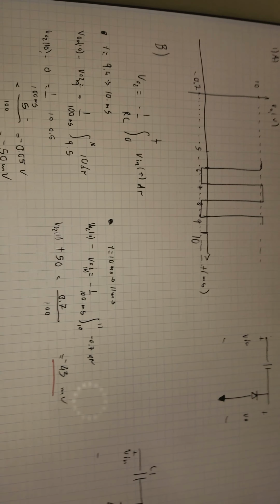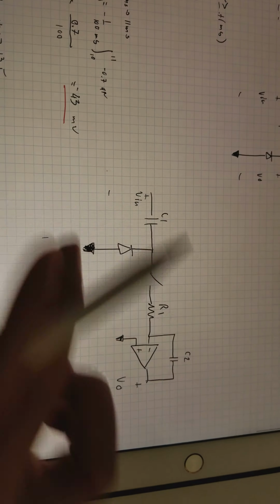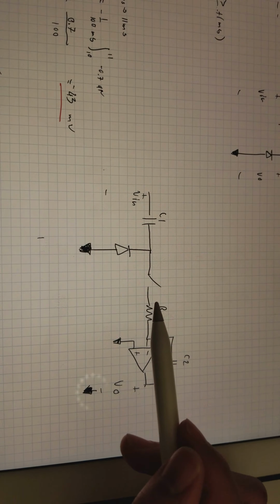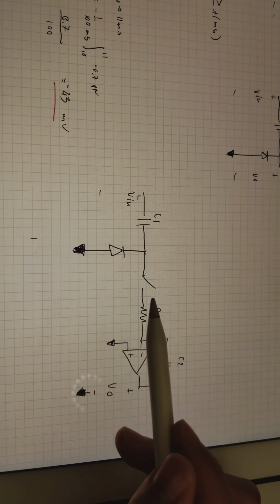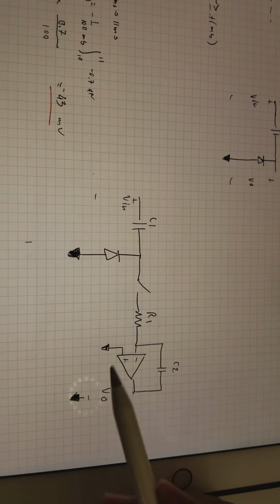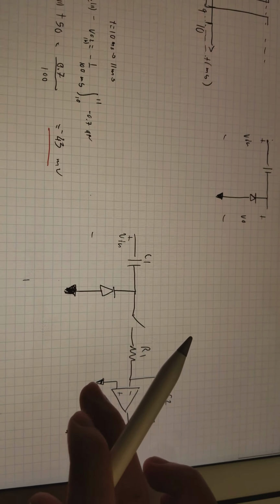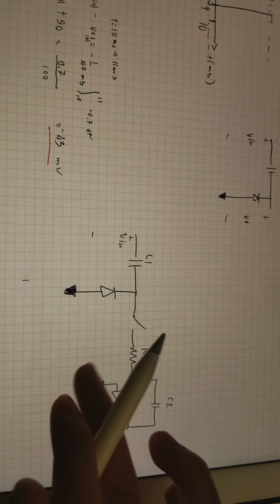For question B, the switch is closed at 9.5, so at that point the current starts to flow to this state 2, and the question is to find the voltage output 2 right here.